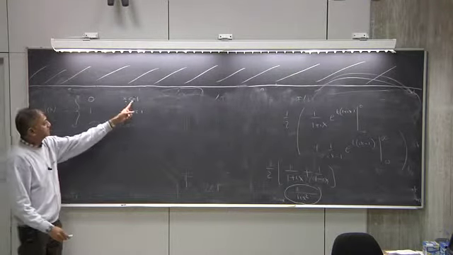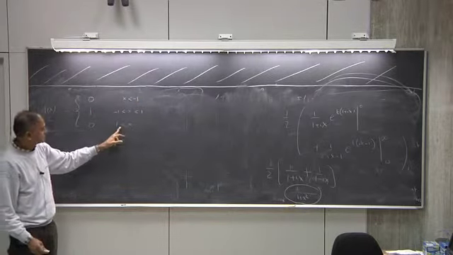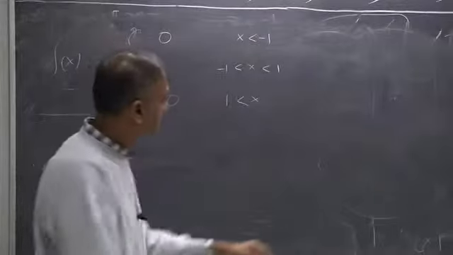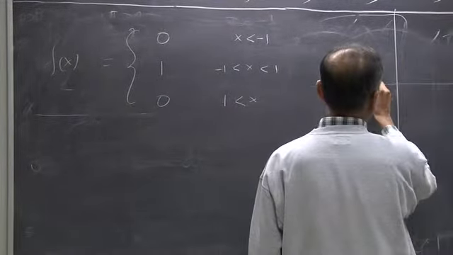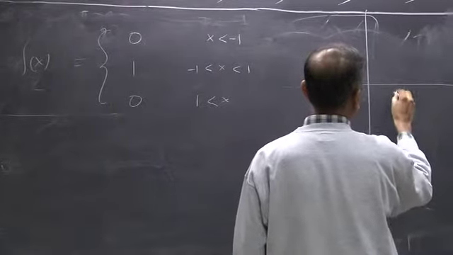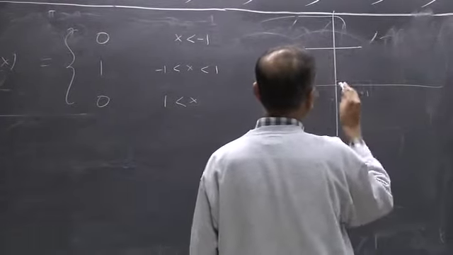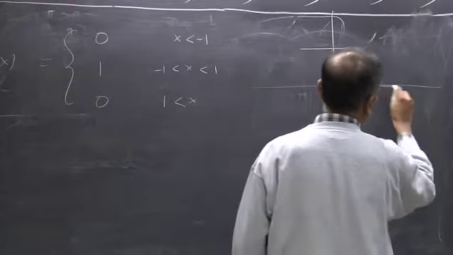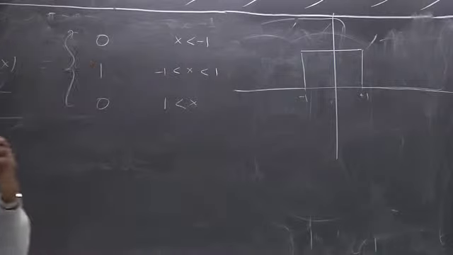This is x less than minus 1 all the way up to minus infinity. It's all 0. And this is x greater than 1 and all the way to plus infinity. So to draw the function, it is like this. From minus 1 up to plus 1, the value of the function is this 1 here. And after that, the function is 0.